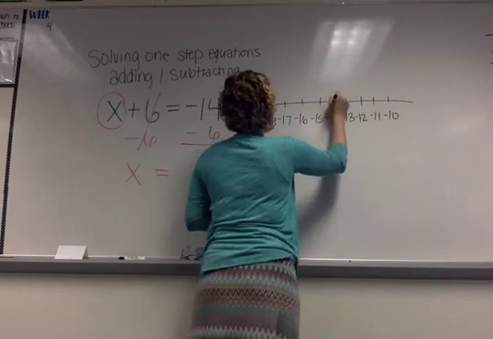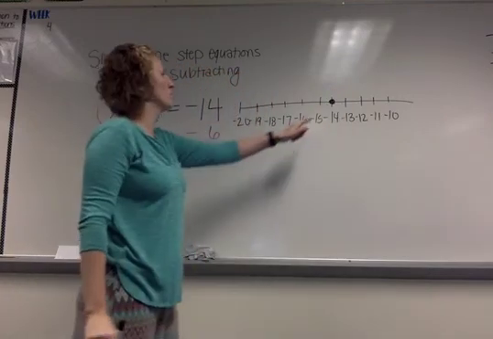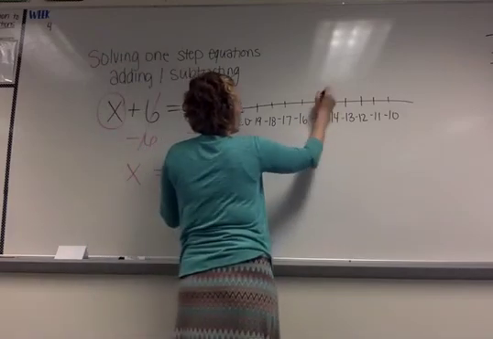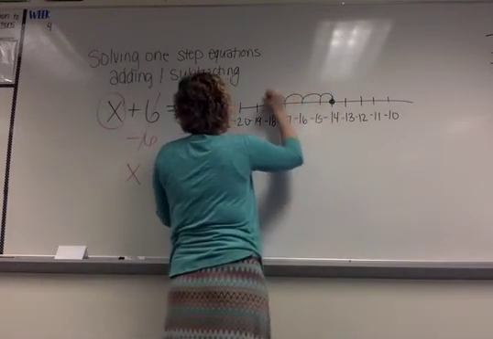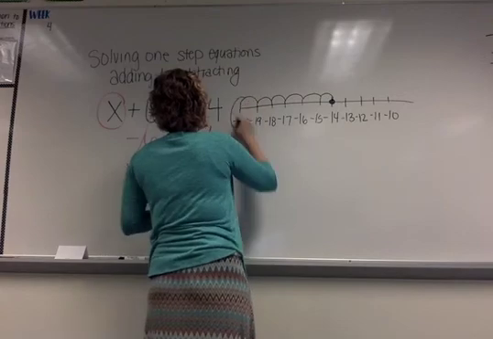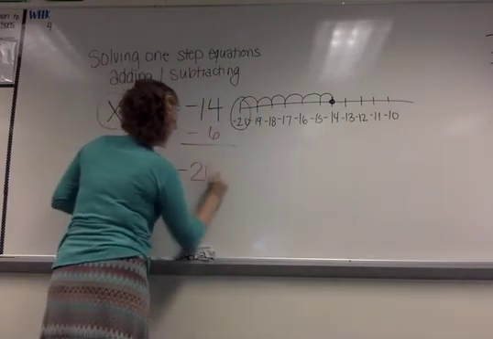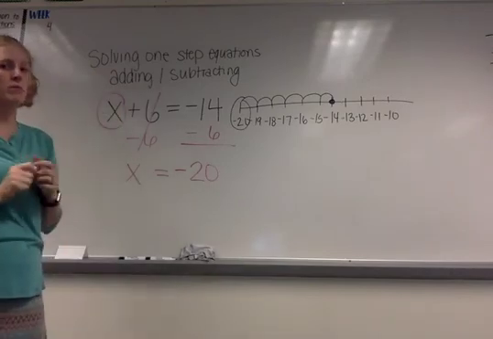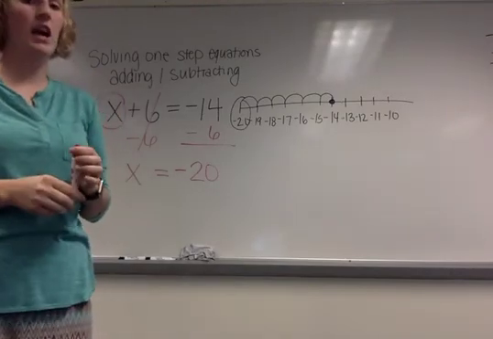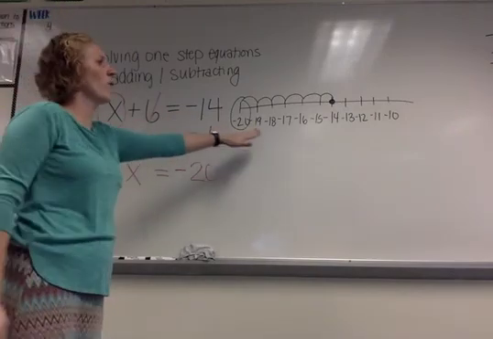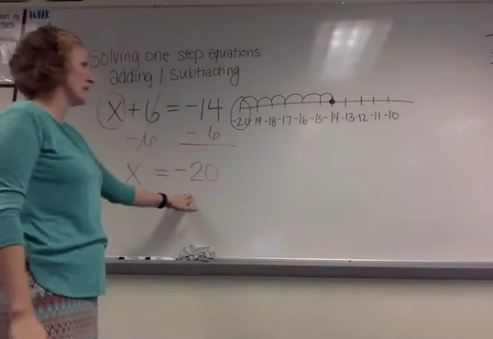Okay, if I'm right here at negative 14 and I subtract 6, I need to get smaller: 1, 2, 3, 4, 5, 6. So it would be negative 20. Now, I'm completely fine with you using a calculator. If you cannot do this in your head or use a number line, then get a calculator.